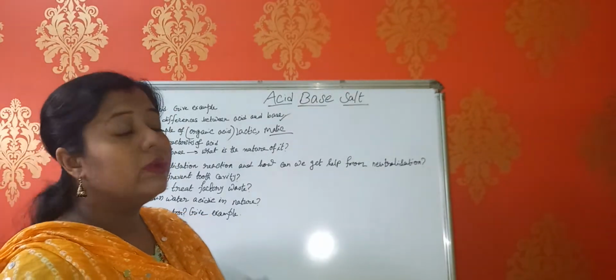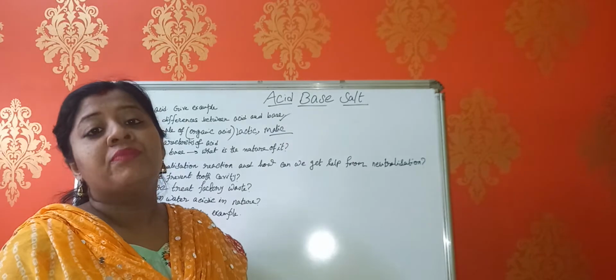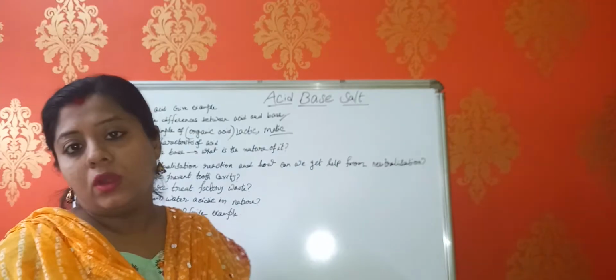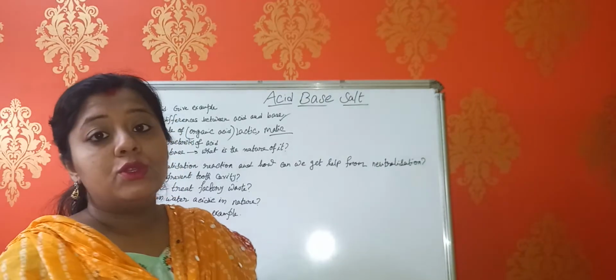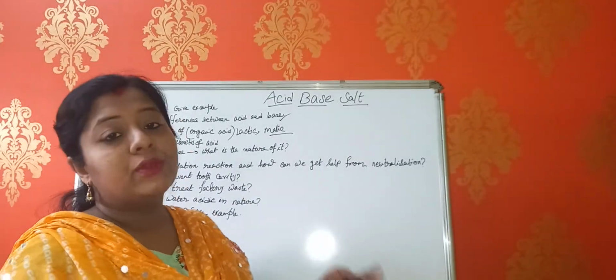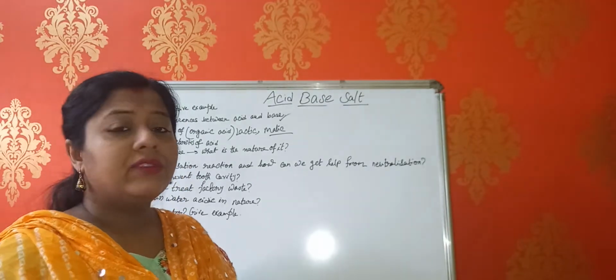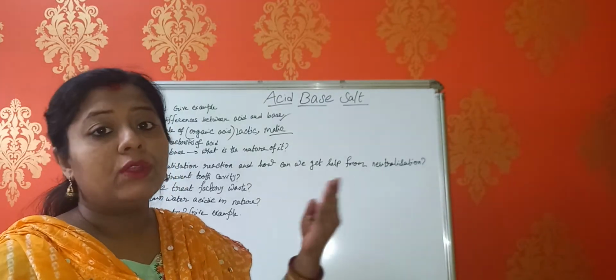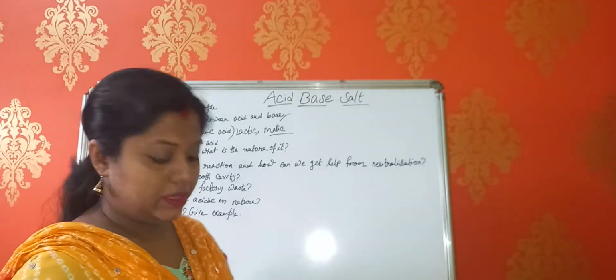It gives hydrogen ion or hydroxonium ion when it dissolves in water. It turns blue litmus paper to red. Its pH value is less than 7. After that, you can give examples of acid, one organic acid and one inorganic acid. This is how you can write.